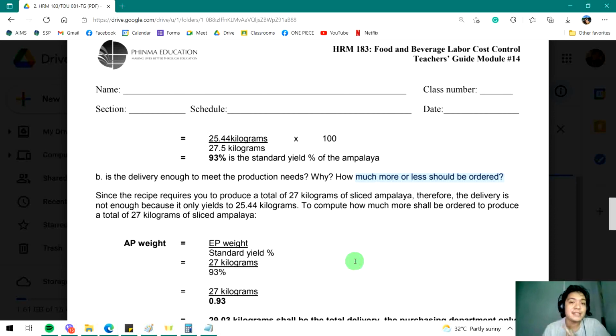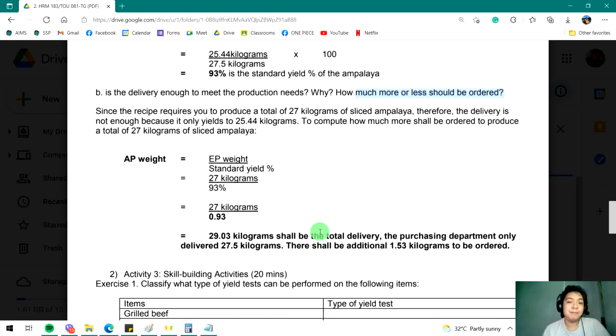Ang hinahanap is AP weight or as purchased. Gaano kadami ang kailangan nating bilhin na ampalaya para makapag-produce tayo ng EP weight or edible portion of 27 kilograms of sliced ampalaya. So, yun yung mas importante rito. Kailangan ninyong maintindihan kung ano yung hinahanap doon sa problem.